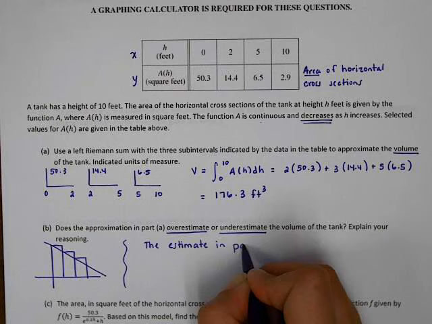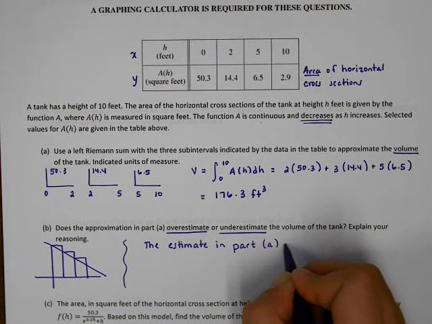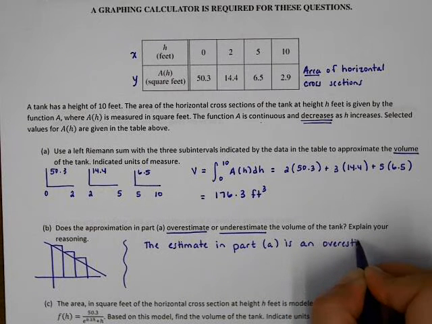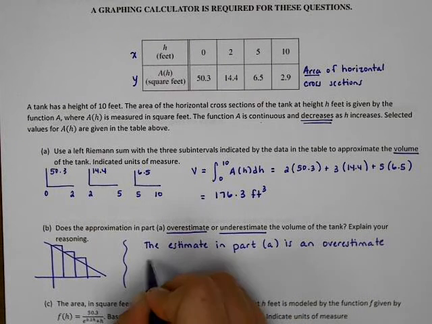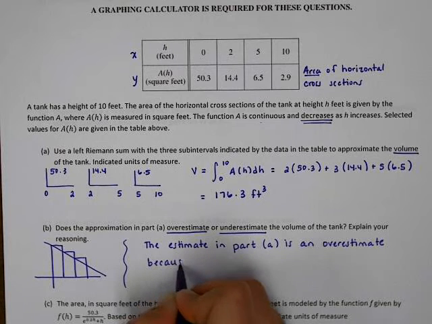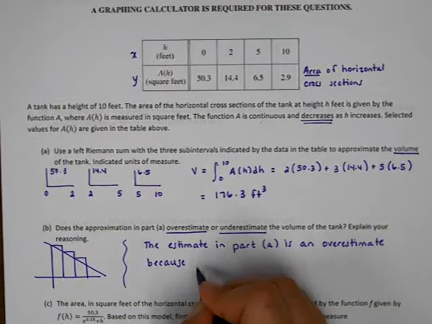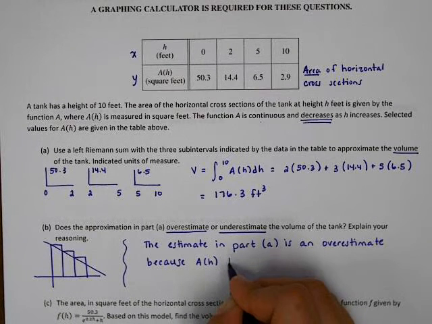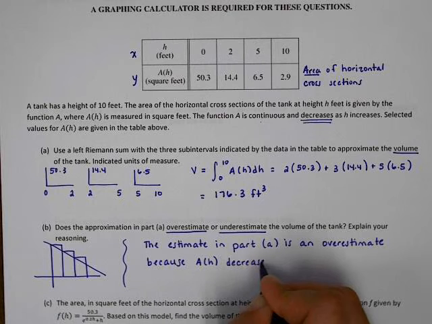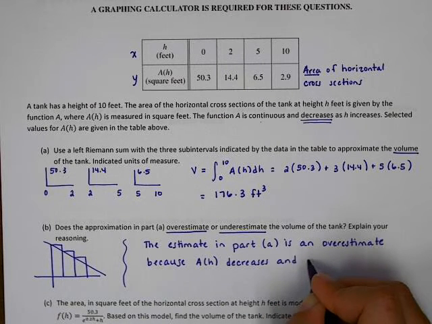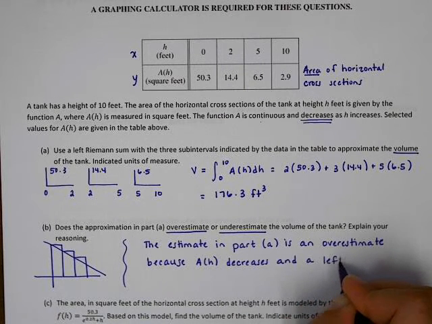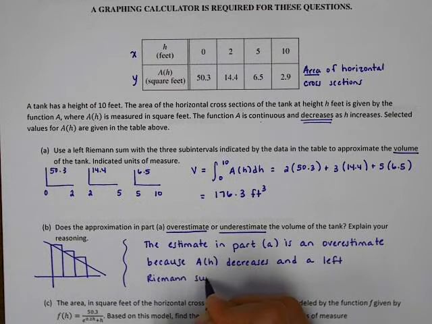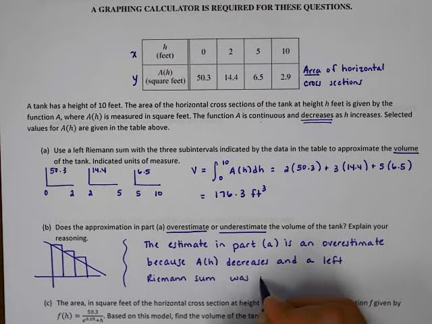in part A is an overestimate because of a combination of two things. Because A of h decreases, and because a left Riemann sum was used.